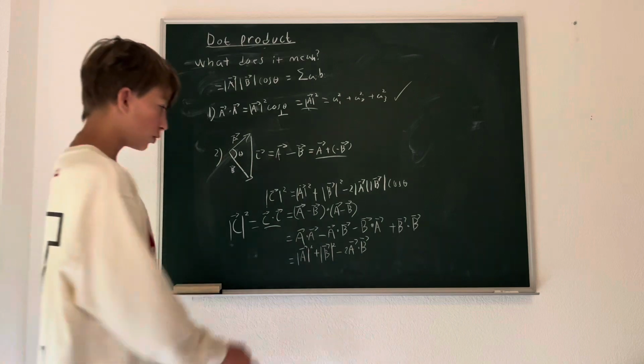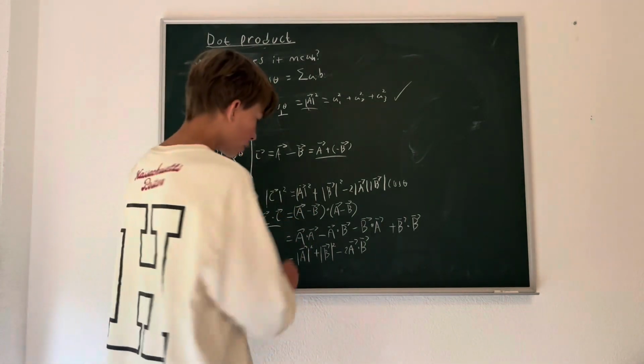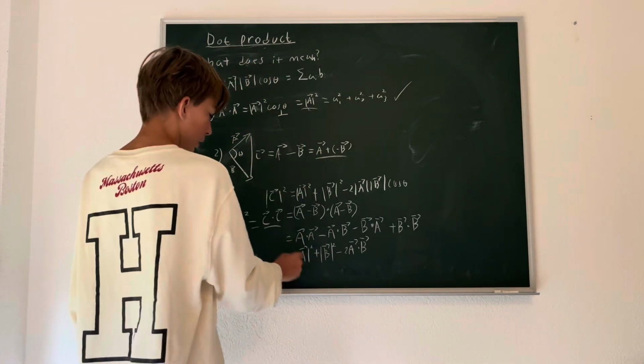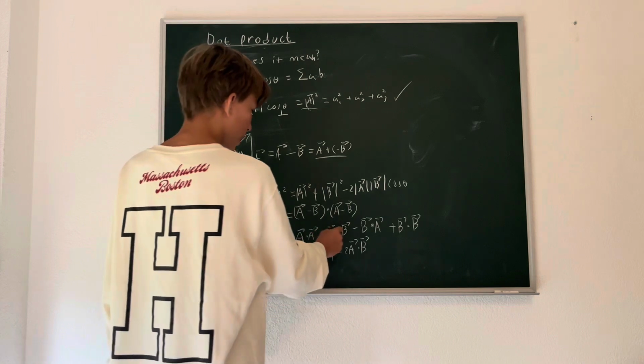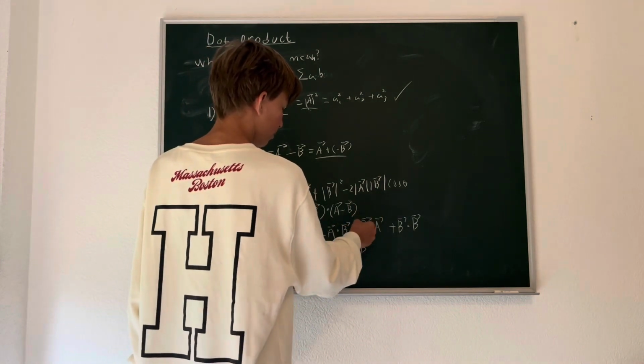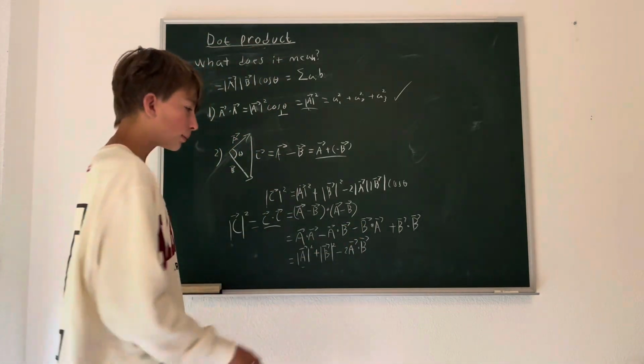We can expand this using the FOIL technique, and this works for dot products. So we have A dot A, which is the same as from here. Then A dot B minus B dot A, and these are the same thing.